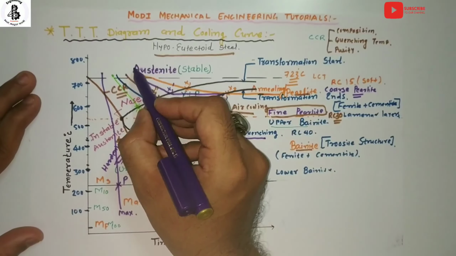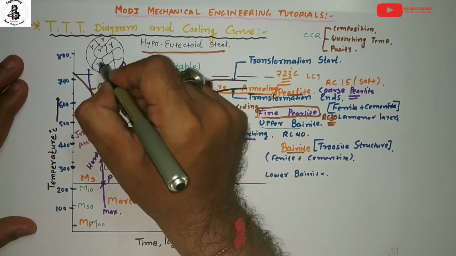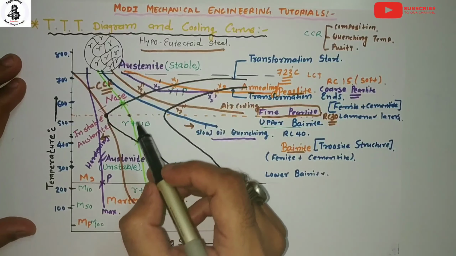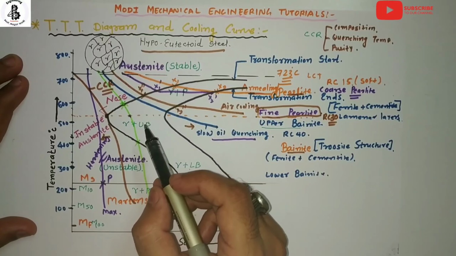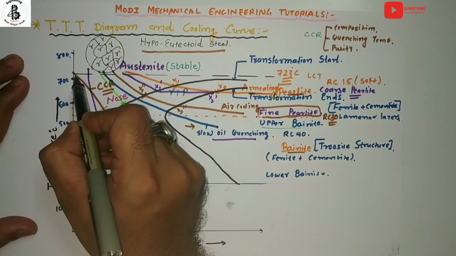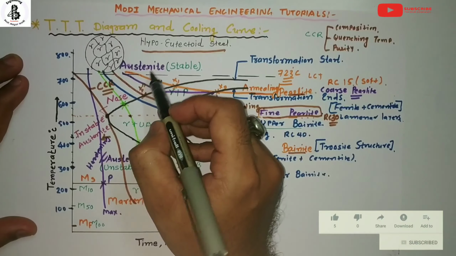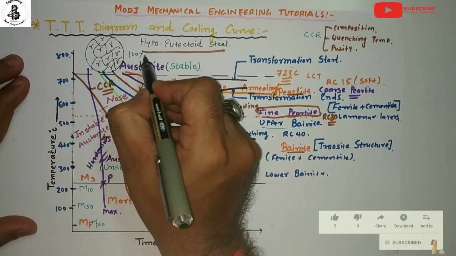So first of all, for the austenite, as per the iron carbon diagram of the steel category, above 723 degrees centigrade there will be the formation of 100% stable austenite.